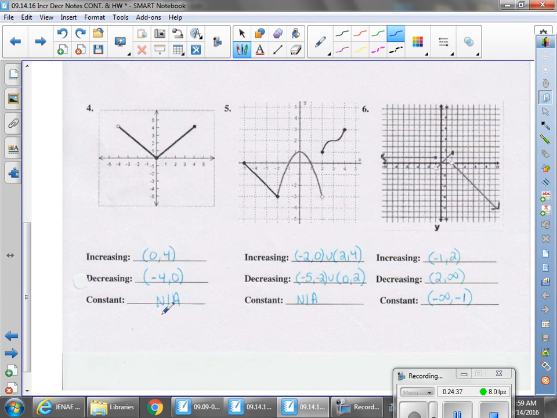I'm not sure why we have parentheses all over. I would agree that this should be bracket, bracket. Decreasing.